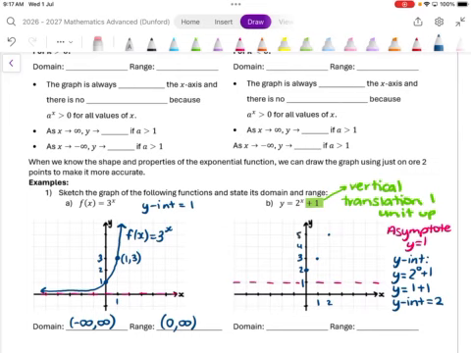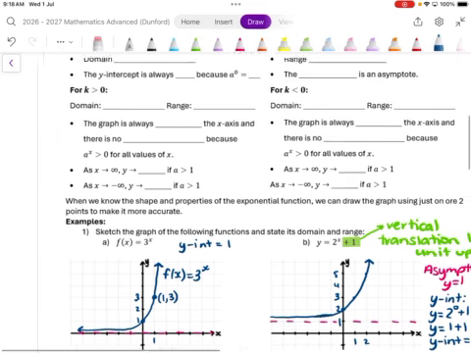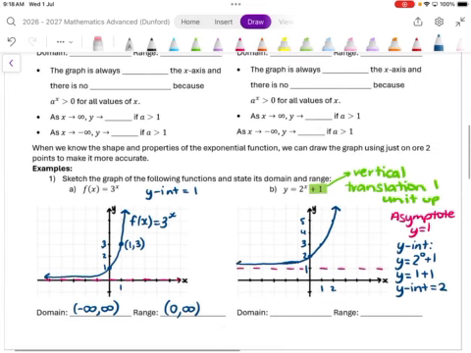Okay, if we were to substitute in -1, it's going to be at 1.5, if that helps. But we don't need a lot of points. We just need our y-intercept and 1 key point. That is why I have given you a graph that has no other values on it.